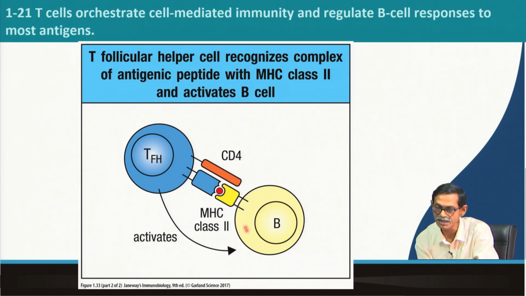So, the B cell internalizes antigen from outside, presents it by MHC2, and it is recognized by the T helper cell receptor along with CD4. This interaction gives the signal to the T cell, which in turn activates the B cell, telling it to proliferate and convert to plasma cells and produce antibody.